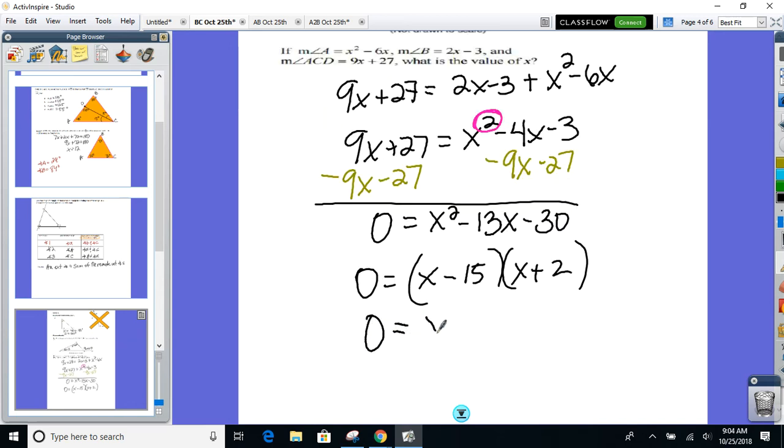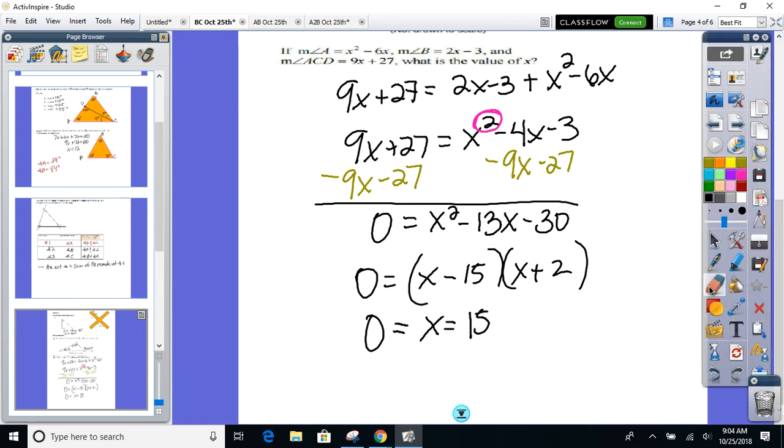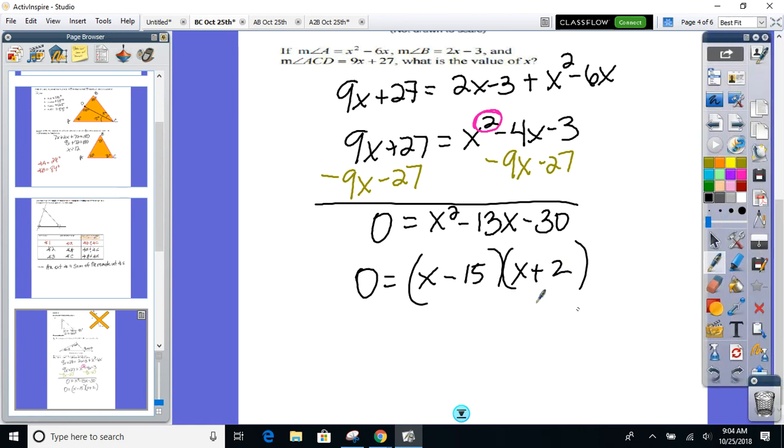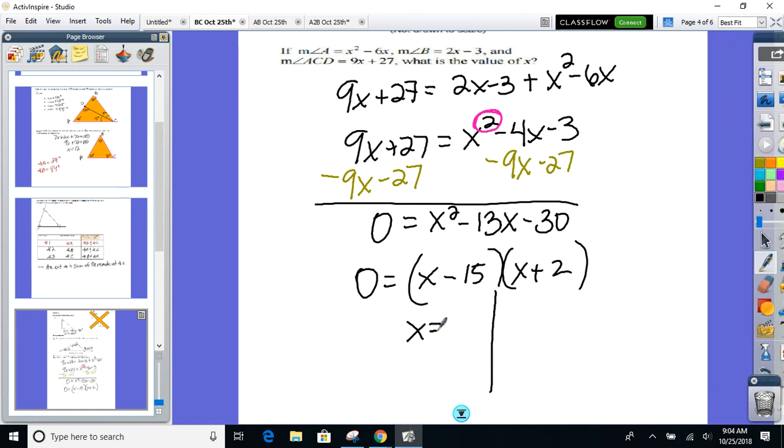Okay, so I end up with x equals what for an answer here? Positive 15. So I end up with x equals 15.